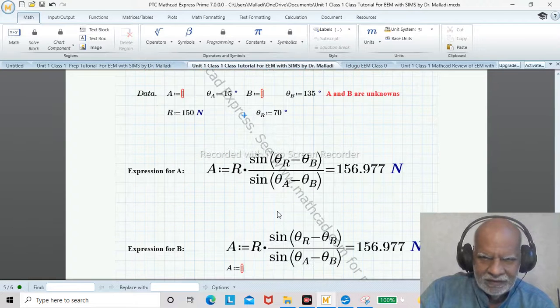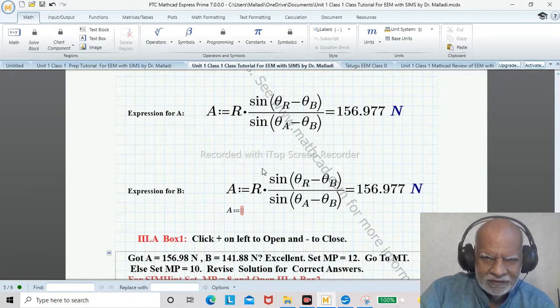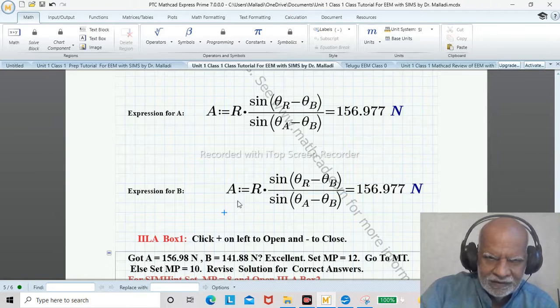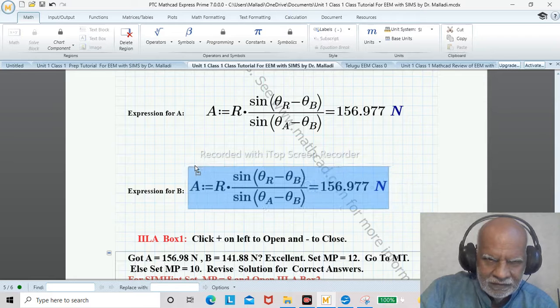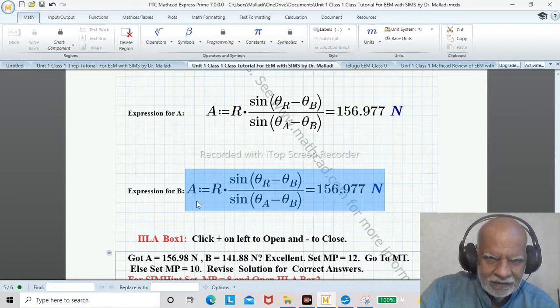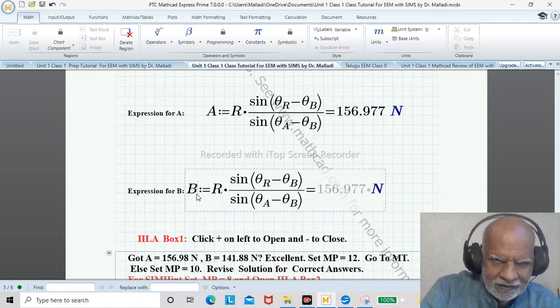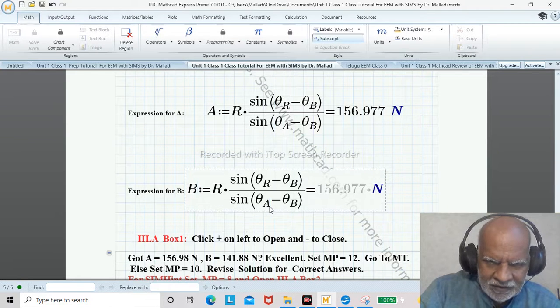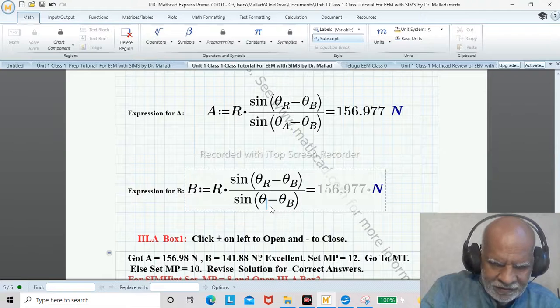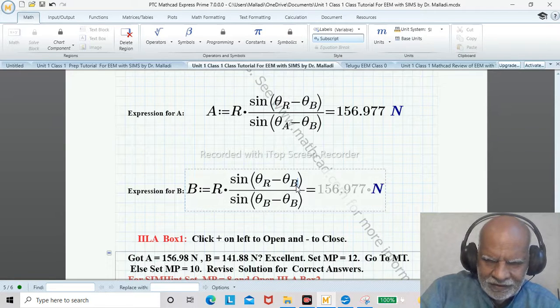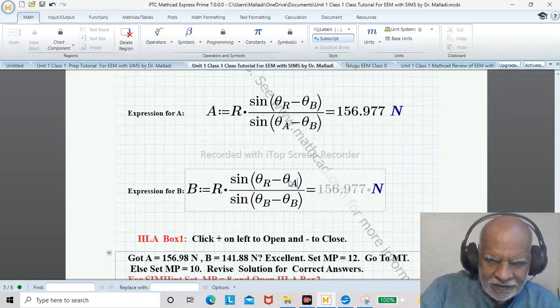Now let me move this a little bit here, and all this I don't require. Now I keep changing this A into B. Then I keep the sub. You have to put the cursor, otherwise it'll go wrong. Now I change B, and R I don't have to change, so I have to change this to A, and I have to be careful.